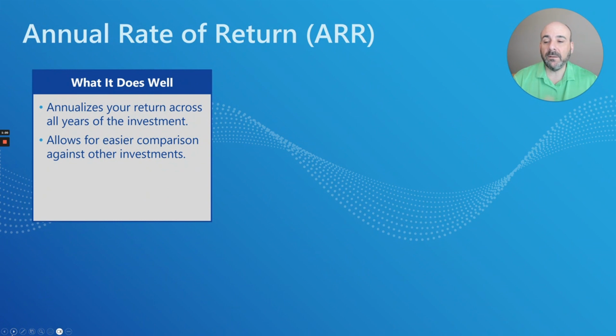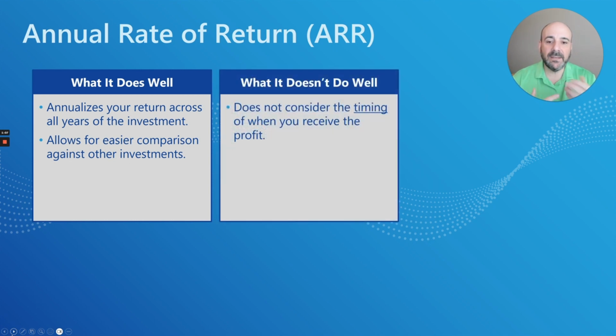So what it does well, it annualizes your returns across all the years, which is great, and allows you to more easily compare, say, for example, what you're getting in the stock market versus this. But again, one of the issues with this model is that annual rate of return doesn't consider timing, like we saw in cash on cash, which is not necessarily bad, it's just something to know about.